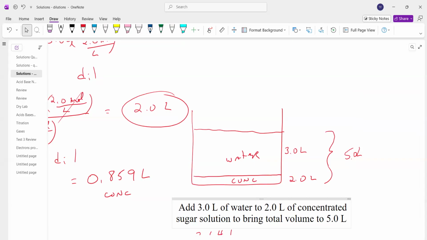Now on the test, I'm going to ask you for directions. So the first thing you do is you do the calculations, then you write a little tiny paragraph to describe how you would mix this stuff. Okay? Do these make sense?